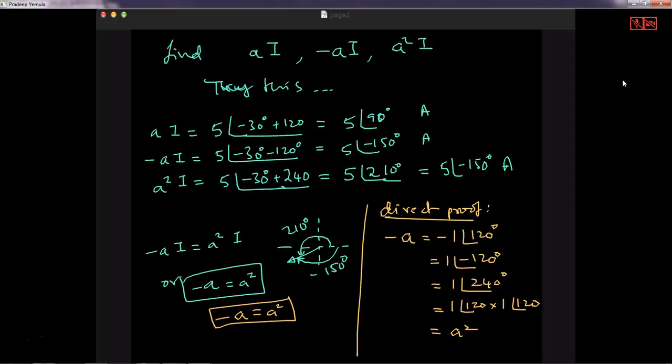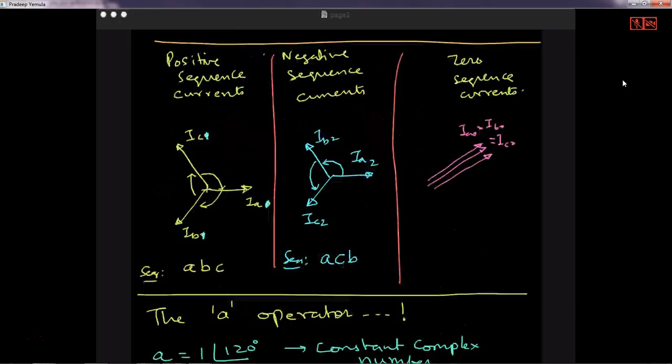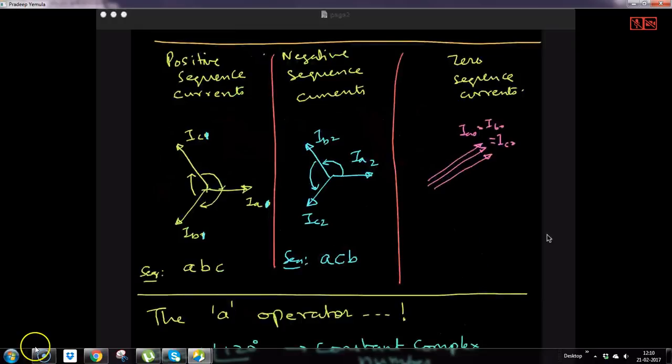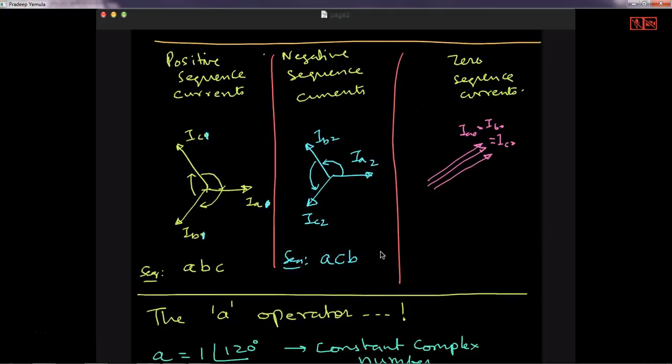So what I'll do now is I'll share between this ABC and the sequence components.